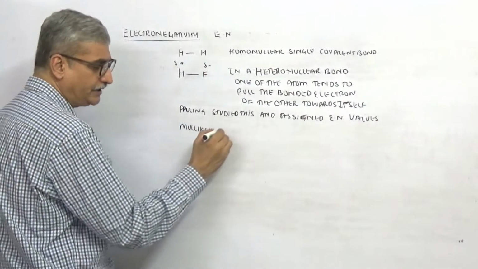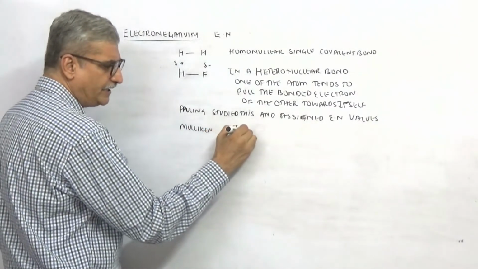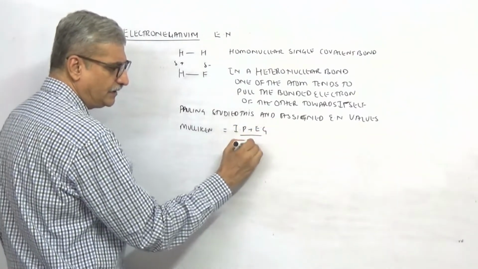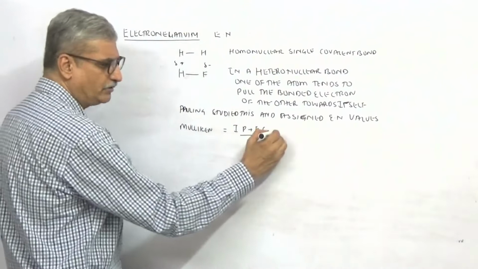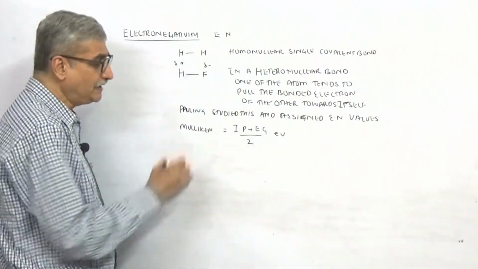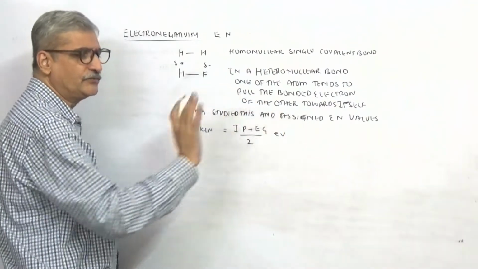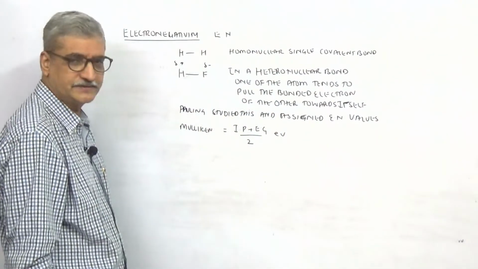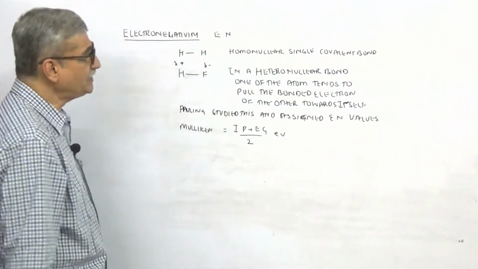What he did, he said simply it is ionization potential plus electron gain enthalpy divided by 2, and this value was in electron volt. Is it clear? But everybody decided to follow the Pauling scale. So we are following the Pauling scale. Is it clear?